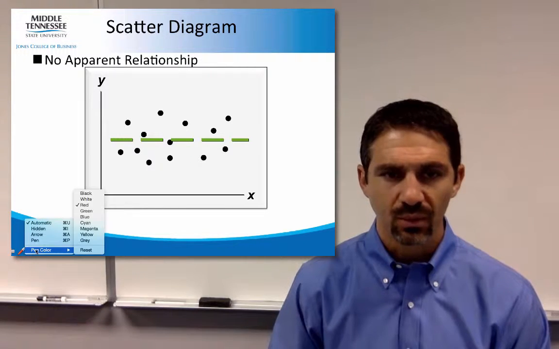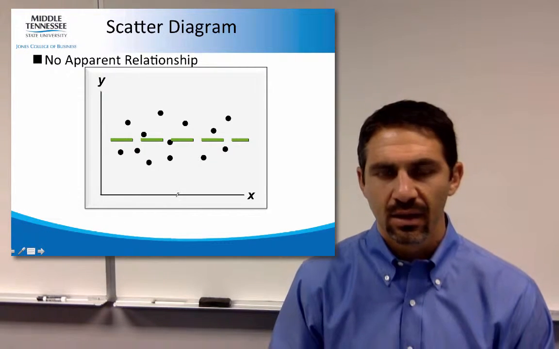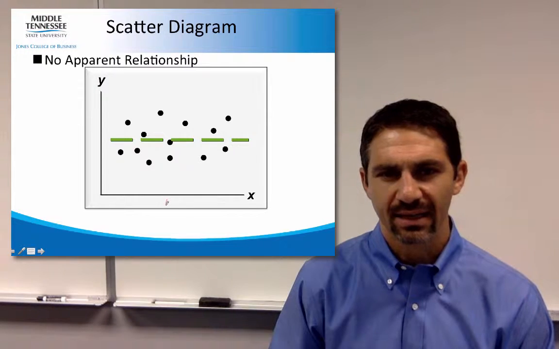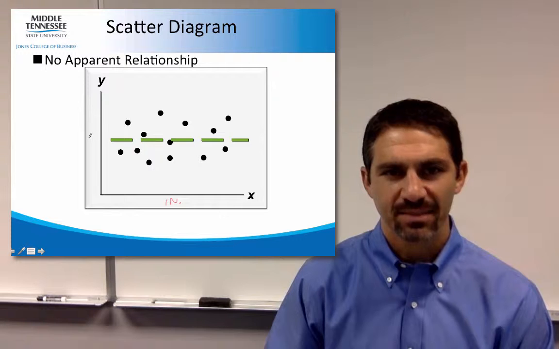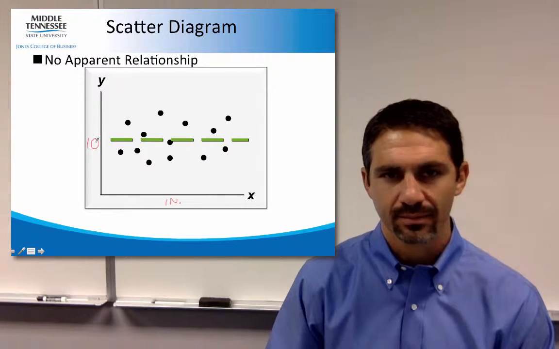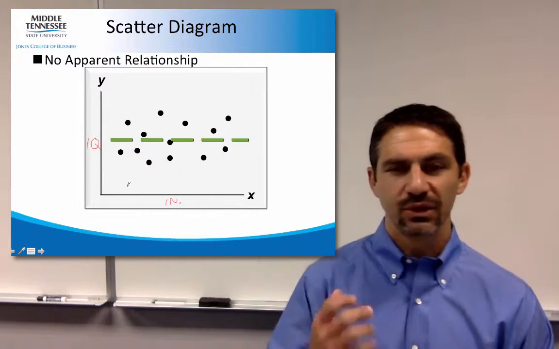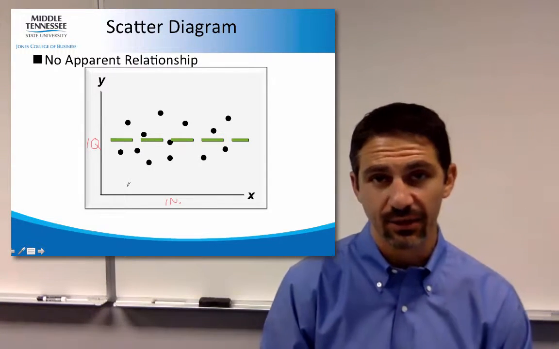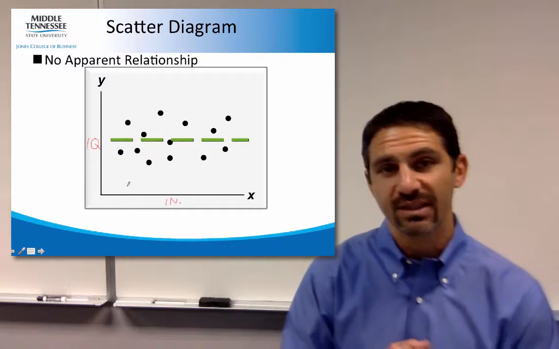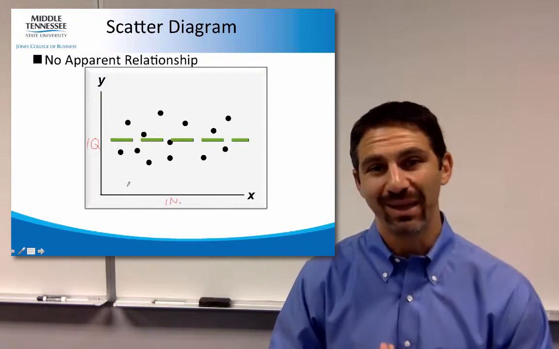So what if we had this being height, I'll just put I for inches, and this being IQ. Now, do you think that your height has something to do with your IQ? Now, sitting here as a 5'7" individual, I'm hoping it doesn't.